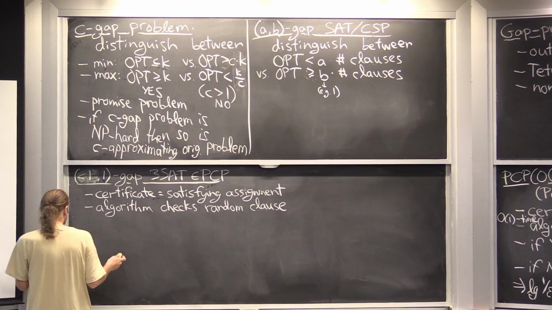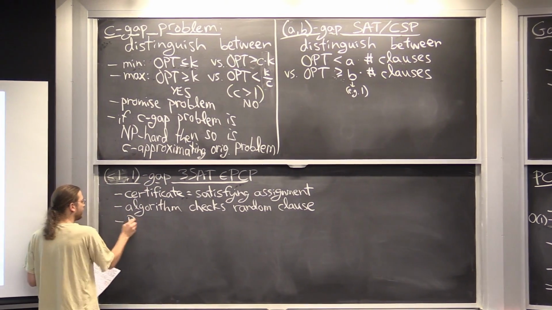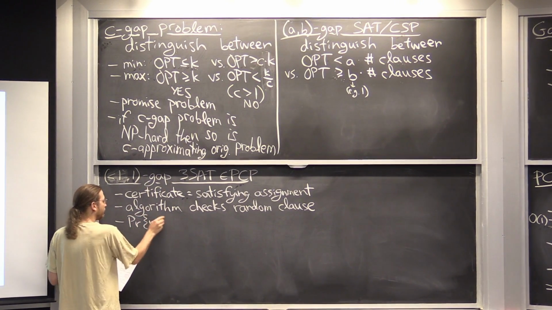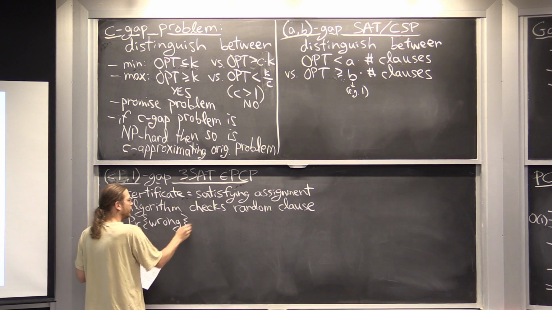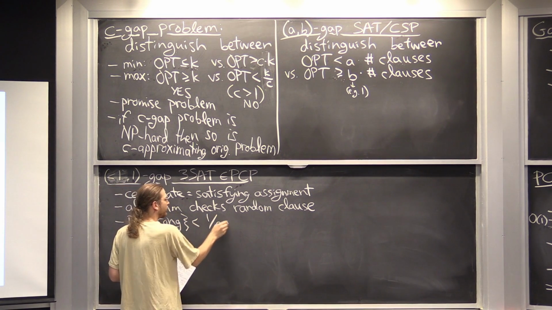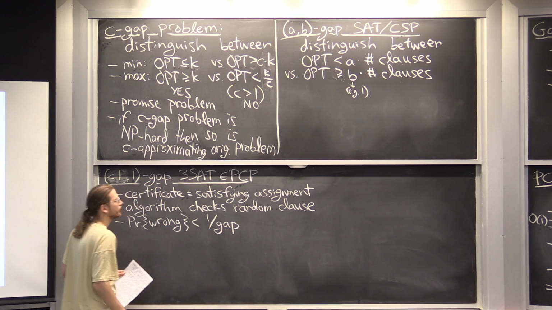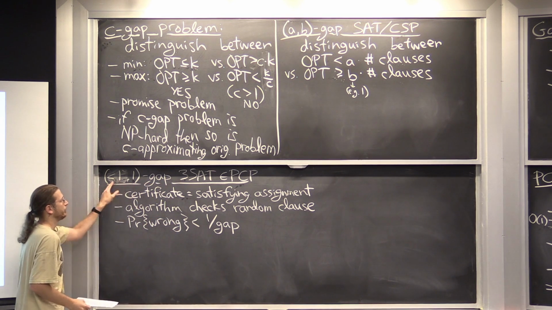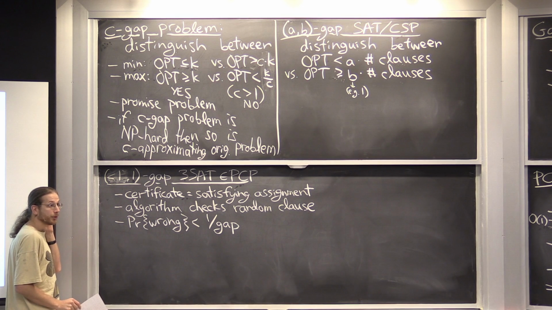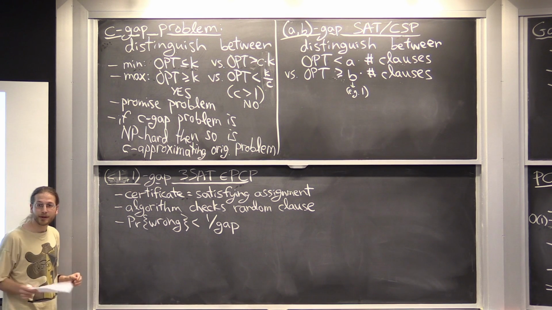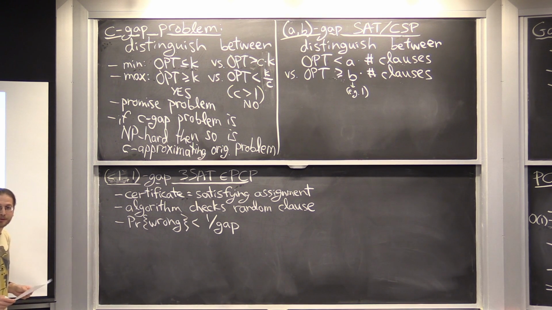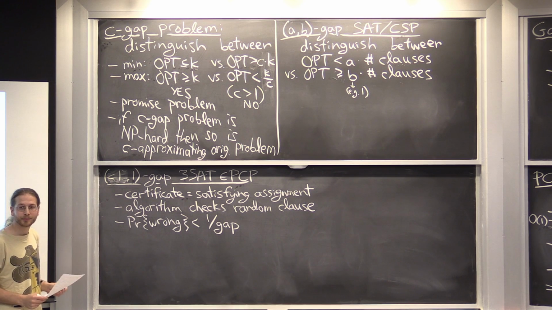So that means the probability that the algorithm is wrong is less than 1 over the gap, whatever that ratio is. Cool? Yeah. So does this proof not then hold for general CNF?